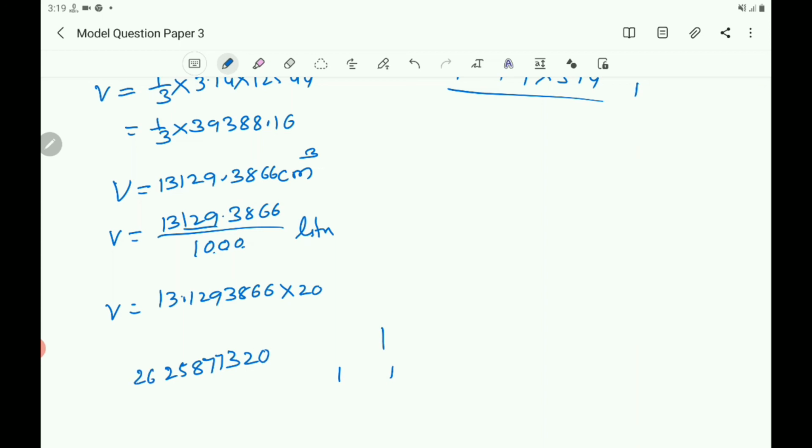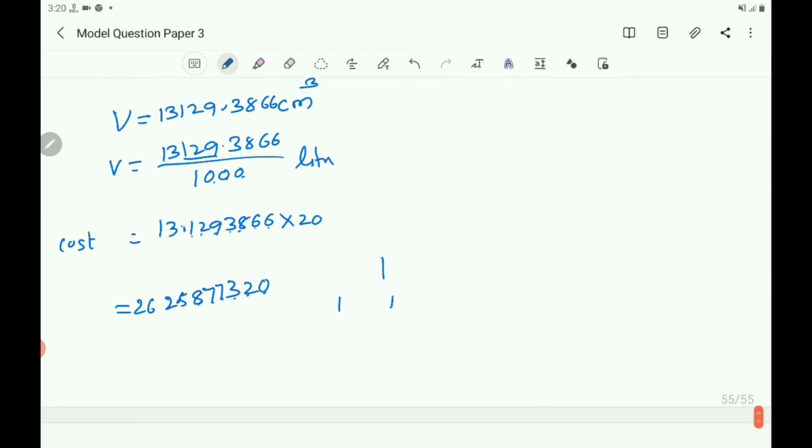Here you will get one extra 0. So the decimal places are 1 2 3 4 5 6 7. So you got here the cost, it is not V, cost of milk you got, 262.5877320 rupees.